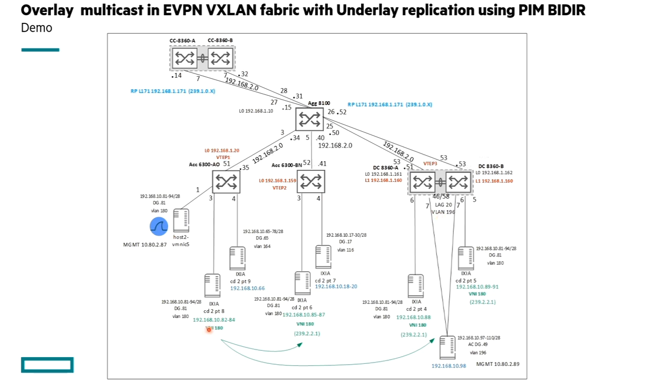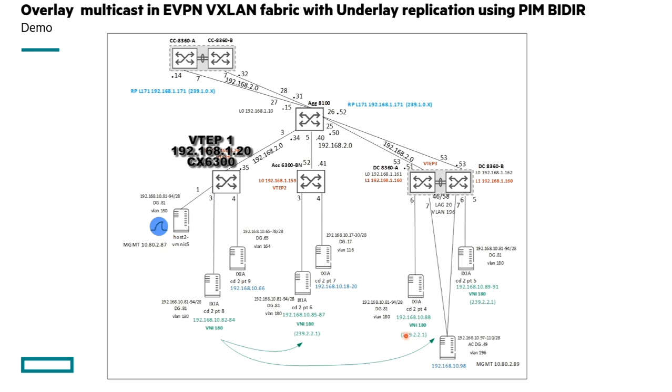Each VTEP has a layer 2 VNI 180 on VTEP 1, VTEP 2 and VTEP 3. We will use VNI 180 throughout this demo. VTEP 1 will be the source VTEP in all cases.